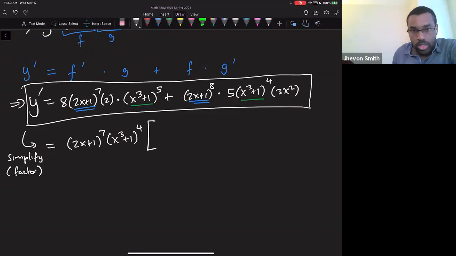So what's left over in the first term? 16.